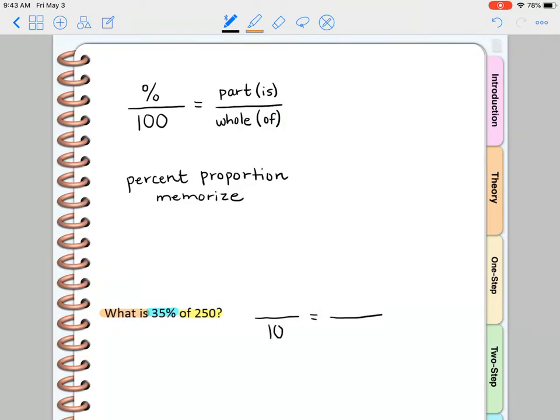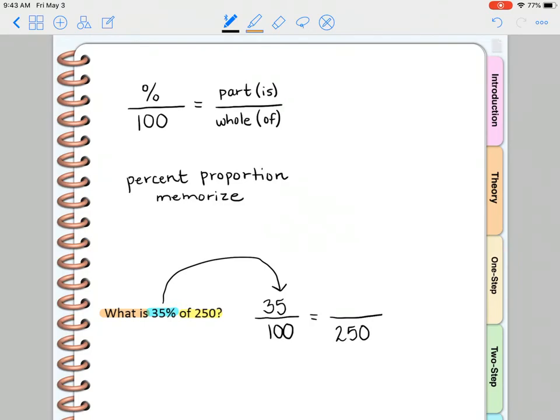We know that 100 is constant. And I know that that percent has to go over the 100. So 35 over 100 is 35%. And then the word of tells me that this is a whole number. So it's going to sit on the bottom. And the is, the top number, the part, is what we're trying to find.